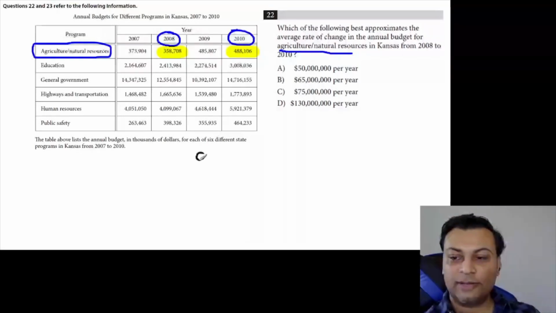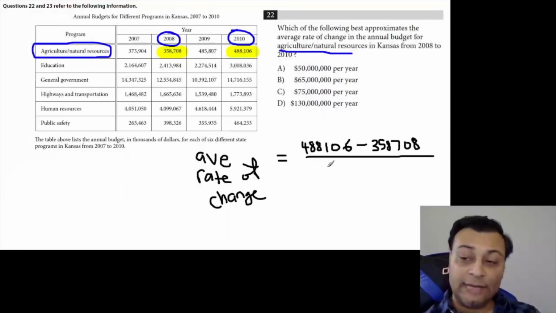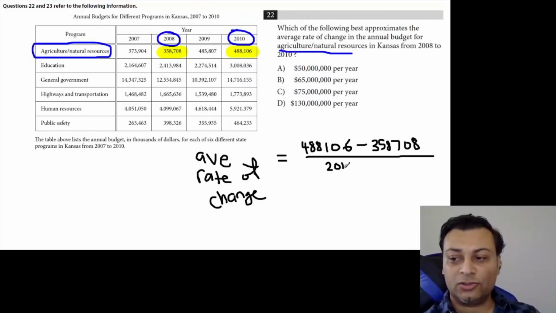Average rate of change would be 488,106 minus 358,708. And the time, well, that's 2 years, but I'll show you, 2010 minus 2008. So it ends up being a 2-year time frame.